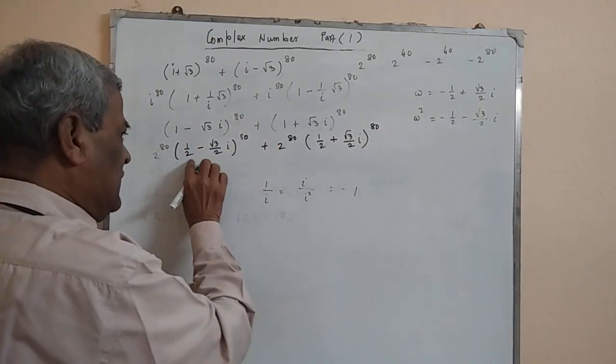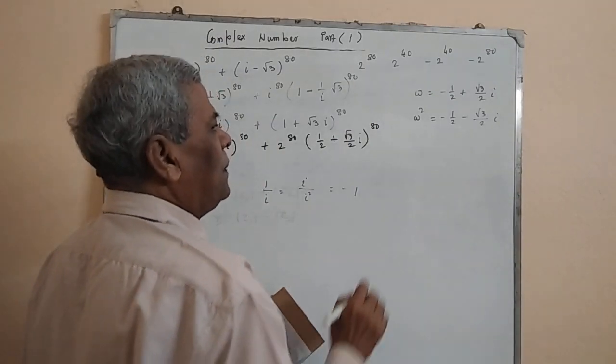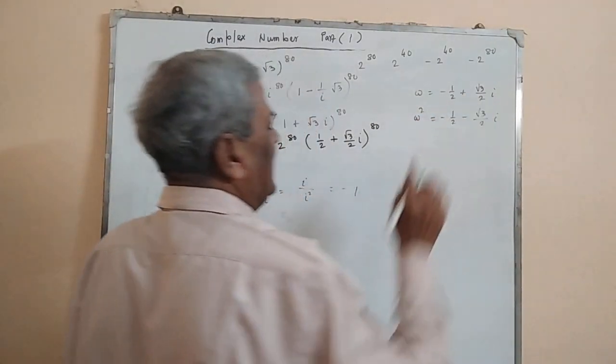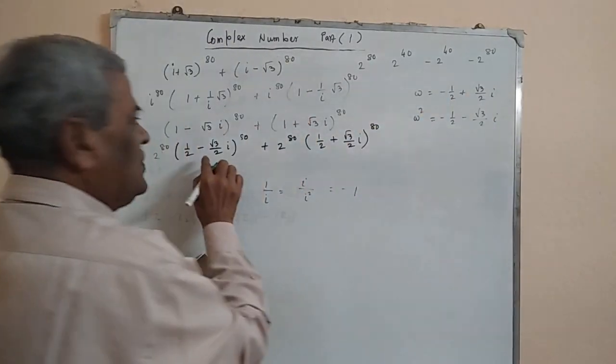Now the expression within the first bracket, half minus root 3 by 2 i, is the negative of omega, and the second is the negative of omega square.